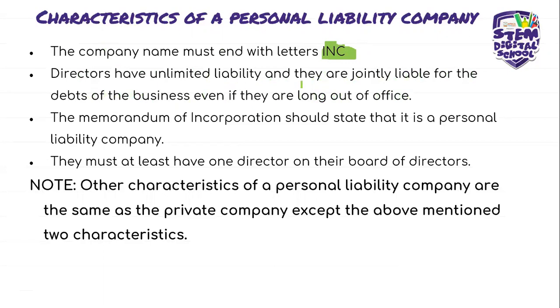So remember, it's present and old, basically, right? The MOI should state that it is a personal liability company, right? So the MOI must say that it is a personal liability company.